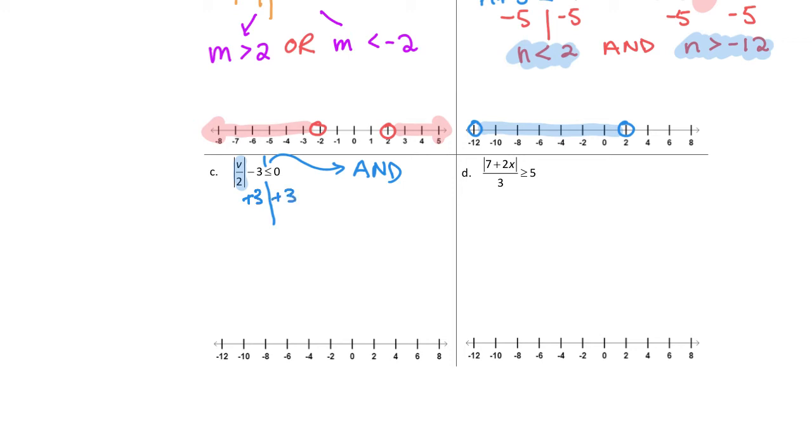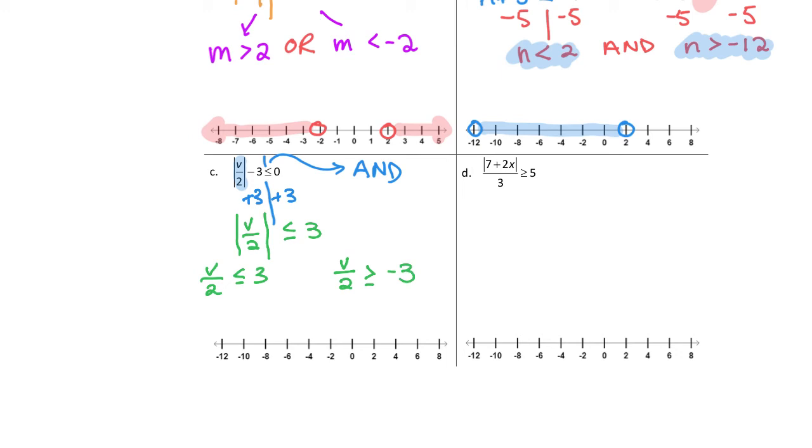And I'm left with the absolute value of v divided by 2 is less than or equal to positive 3. Now I'm ready to split this apart. So I get v over 2 is less than negative 3. And it's going to be an and, but I'll put that in at the end. And then over here, I've got v divided by 2 is greater than or equal to negative 3.